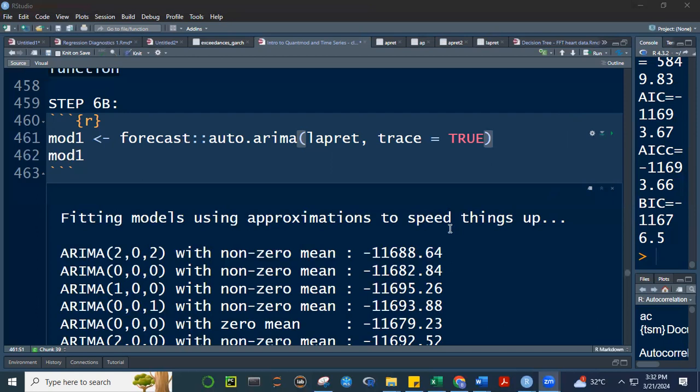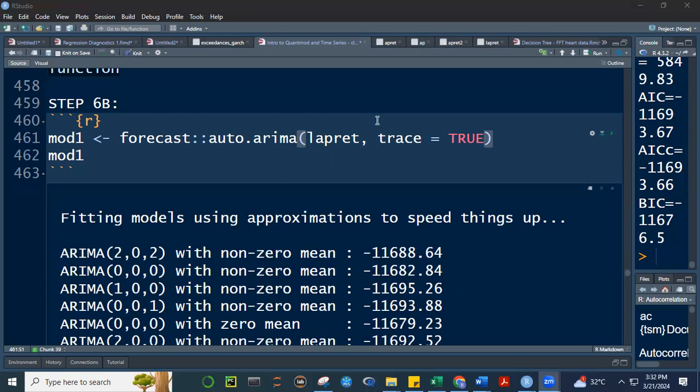Okay, step 6A, class, is we plot the ACF and the PACF, and then manually we determine kung ano yung ARIMA model. 6B, class, is you still plot the ACF and the PACF, just for discussion purposes, no? But you're not going to make use of that to determine the ARIMA model, class. Yun ang difference.